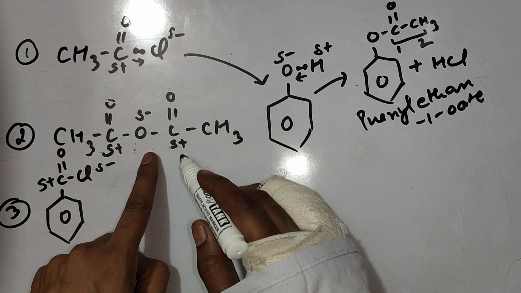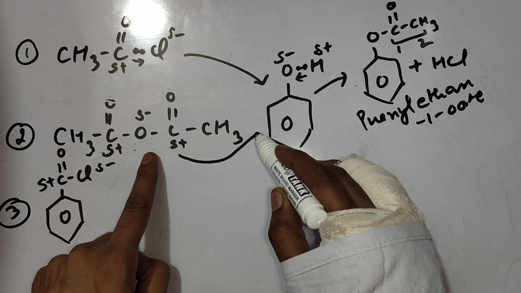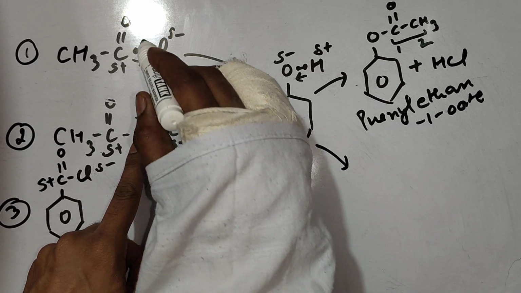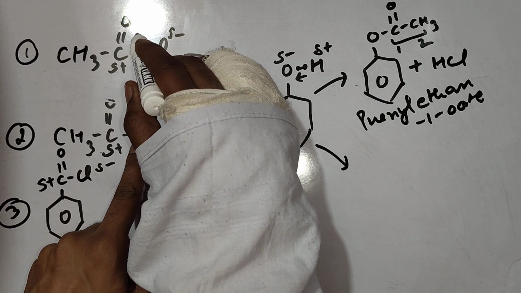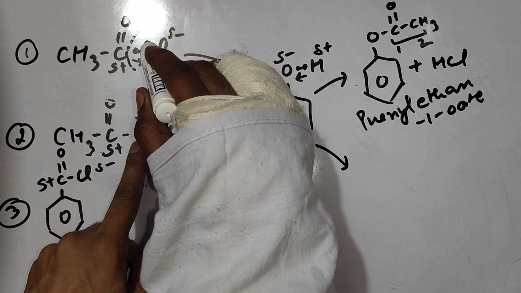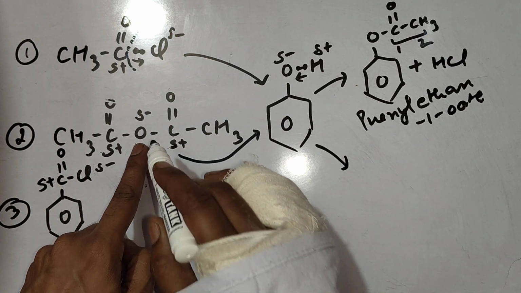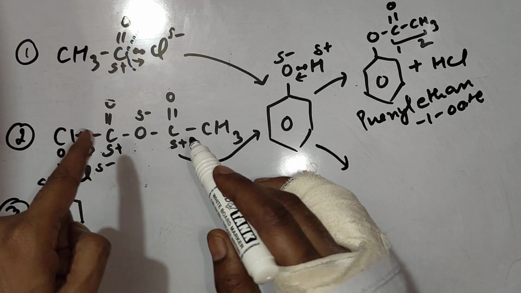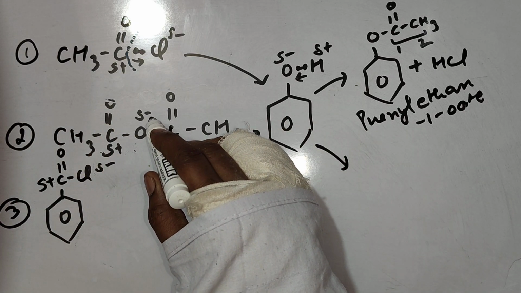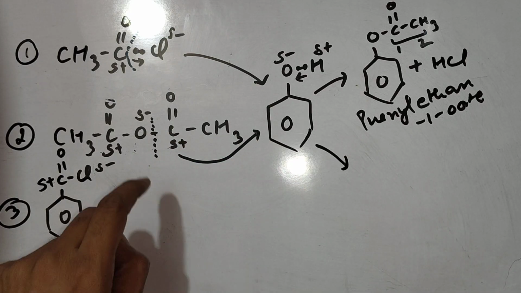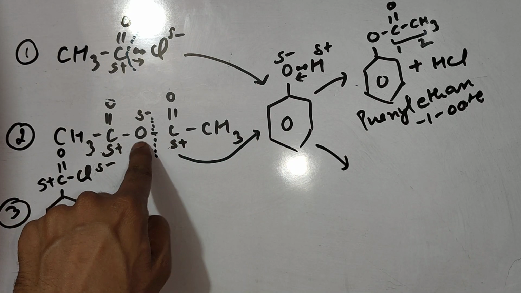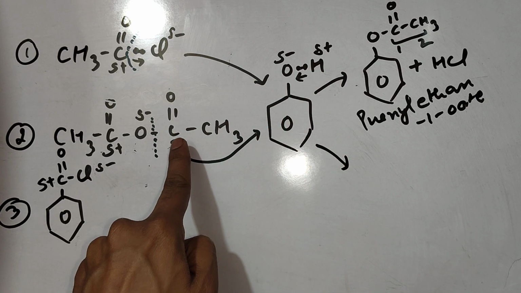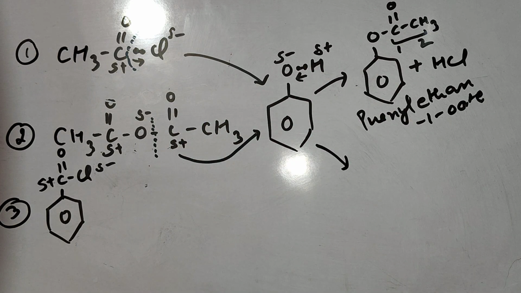Now, if acetic anhydride reacts with phenol, the same technique applies. This is negative. Like here you have broken the bond between carbon and Cl, here you can break any carbon-oxygen bond because they are symmetrical. Suppose I am breaking from this side. This oxygen is going to join with the positively charged hydrogen, and this positively charged carbon is going to join with the negatively charged oxygen.